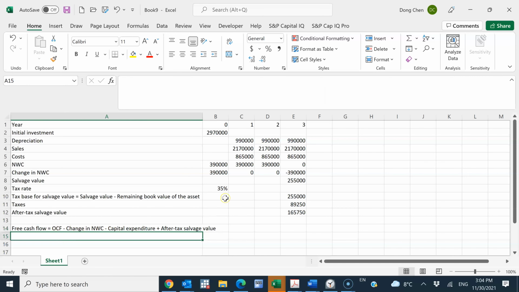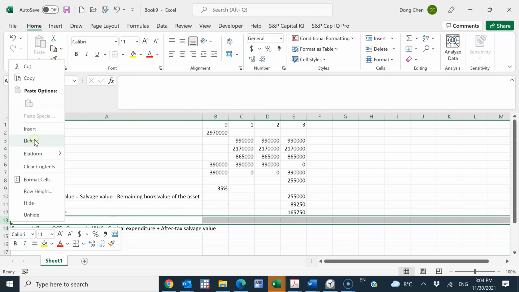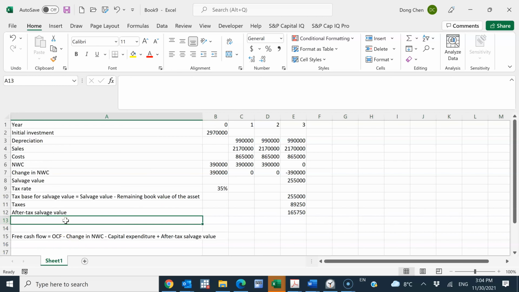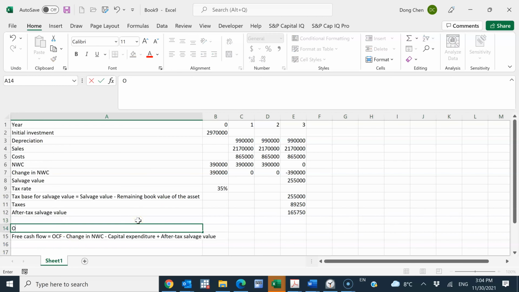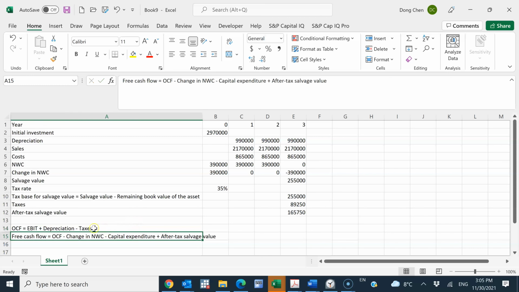And then how can we calculate operating cash flow, right? So we just add probably one more row here. So the operating cash flow formula is EBIT, earnings before interest and taxes, right? And then we add back the depreciation, and then we deduct the taxes. So, and then the depreciation is provided, and taxes will be based on this EBIT.